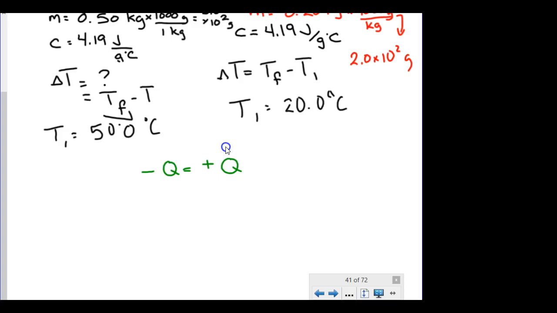To differentiate between the units, anything associated with negative Q, I'm going to put a 1 behind their symbol, versus positive Q, I'm going to put a 2 behind anything in their formula.